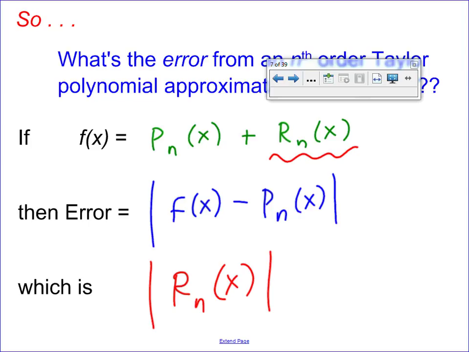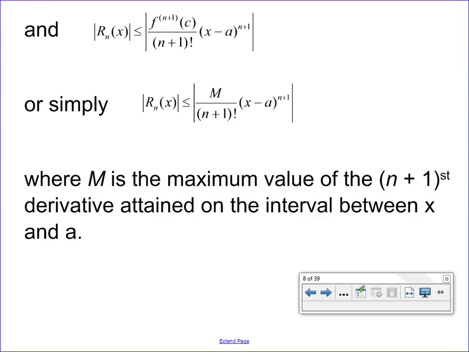Okay. So we saw how this magnitude is guaranteed to be less than or equal to the maximum value attained by my next order derivative over n plus 1 factorial, and then times the next term in my Taylor polynomial, that is x minus a to the n plus 1.